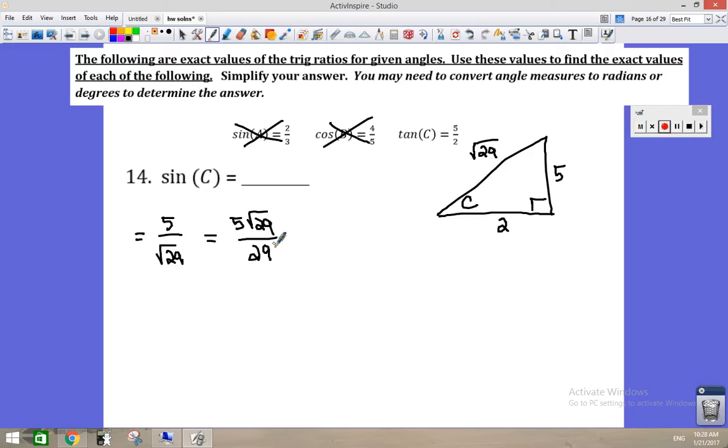The tangent by the quotient identity is sine over cosine. I could find it indirectly using one of my Pythagorean identities. Let's see if that would work.